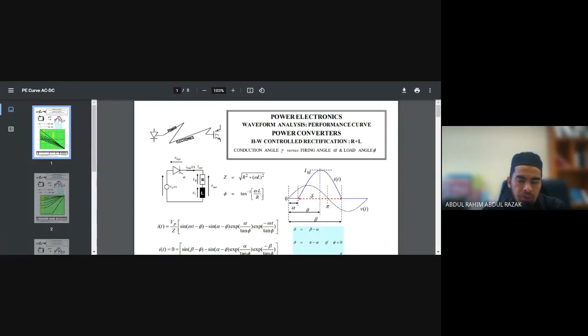If you have 50 hertz, then omega L, where omega is equal to 2 pi 50. If your frequency is 60, then 2 pi 60, L squared plus R squared, so that's your impedance. And also your load angle, sometimes written as phi, sometimes written as theta. Both are the same load angle.